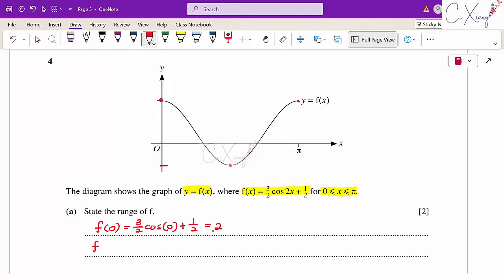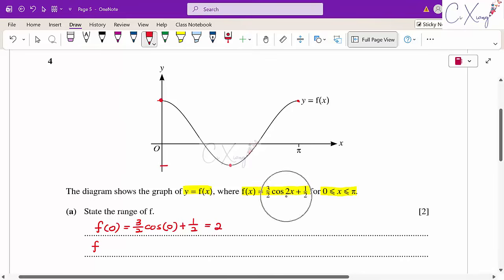Then how about getting the minimum value? This trigo graph, cos 2x, is a symmetrical graph. Therefore, from 0 until pi, the minimum will appear in the center, which is pi over 2. So you can try to substitute pi over 2 into your function and see what value we get.